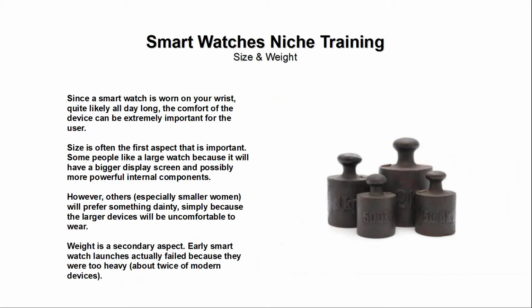Weight is more of a secondary aspect, I would say, to this whole thing. I think people are more concerned with the size that it's going to be while sitting on their wrist. However, they also don't want something that's too incredibly heavy, especially not for their body frame. Really early smartwatch launches actually failed because they were simply too heavy.